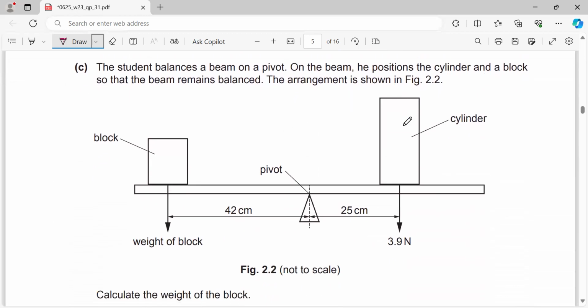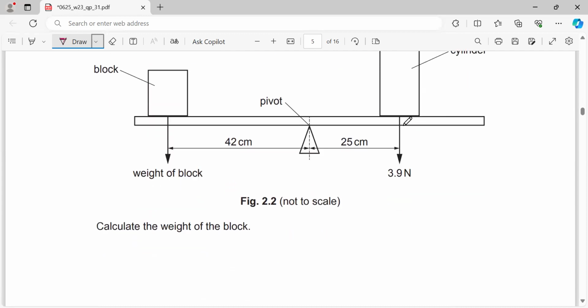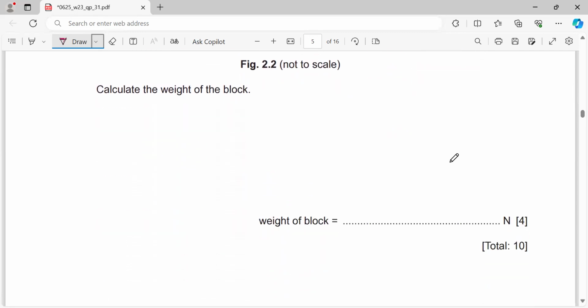The student balances a beam on a pivot. On the beam, he positions the cylinder and a block so that the beam remains balanced. The arrangement is shown in figure 2.2. So the question: calculate the weight of the block.